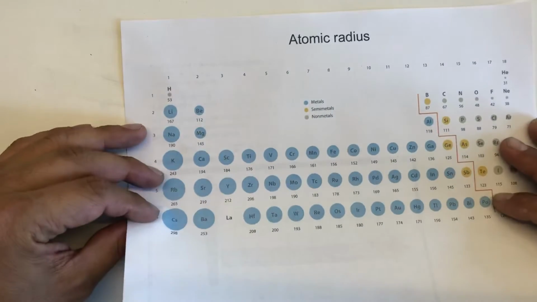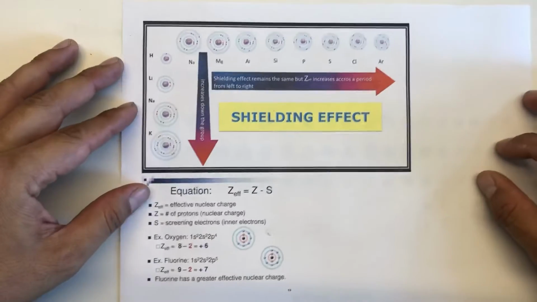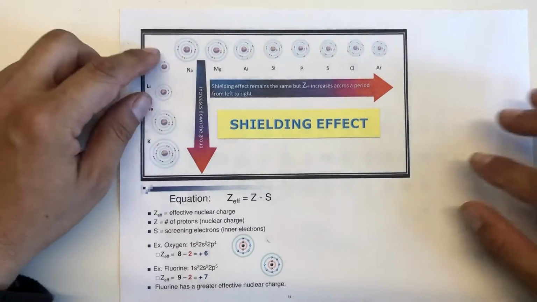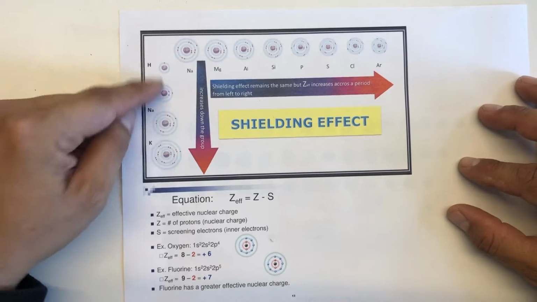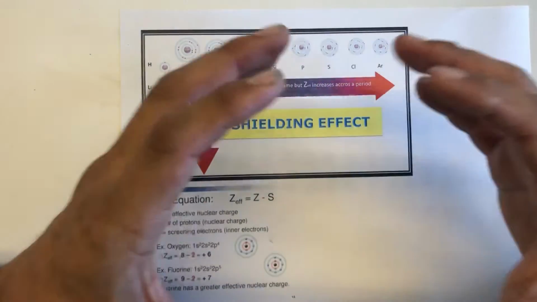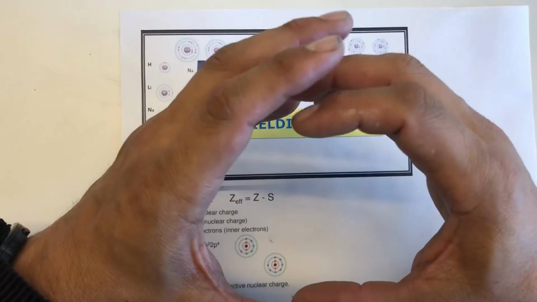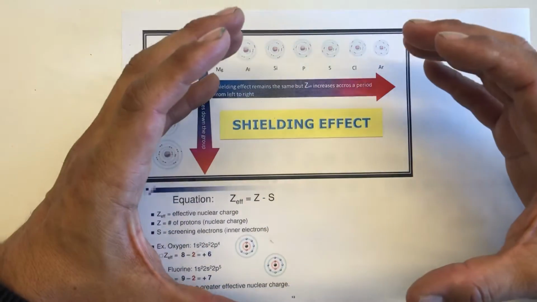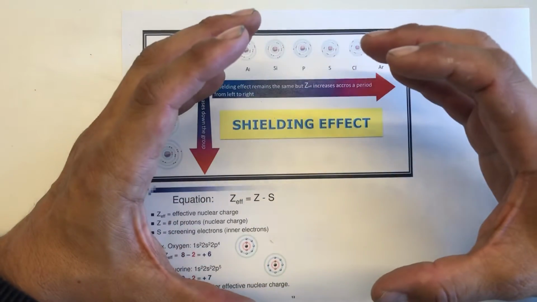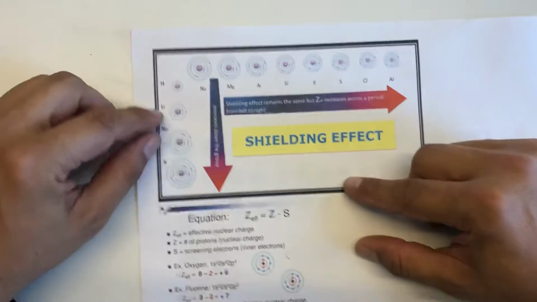The best way to think about explaining this is the following. Let's talk about shielding. First things first, let's talk about the size as you go down. As you go down in the periodic table, there are layers and layers of orbitals of electrons, and they actually take up space. So you could see that as you go down, the atom gets larger. And here we use a Bohr model.